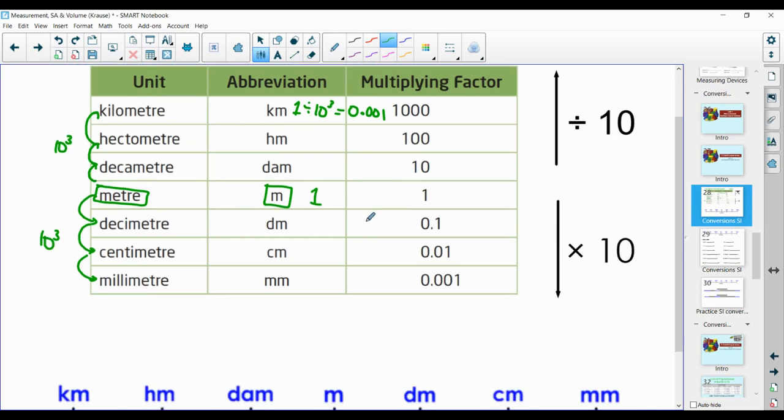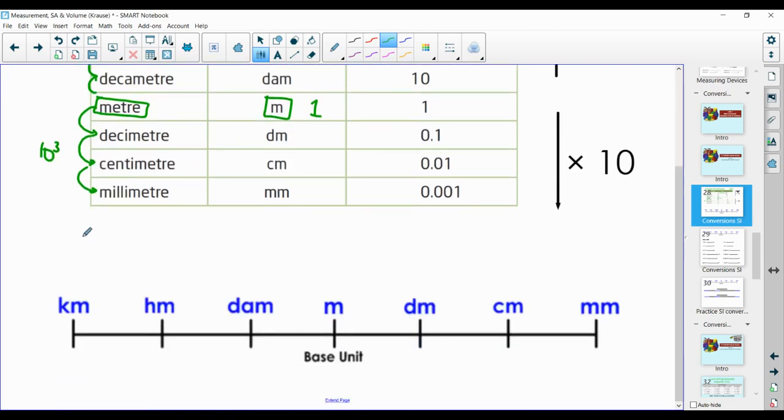Now, another way to remember this is to use a mnemonic device. And so one that I'm familiar with, or I've used quite often, is King Henry does usually drink chocolate milk.